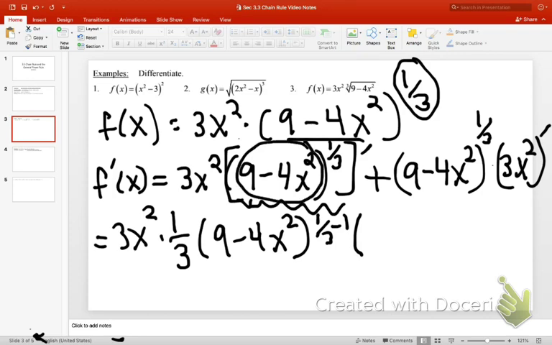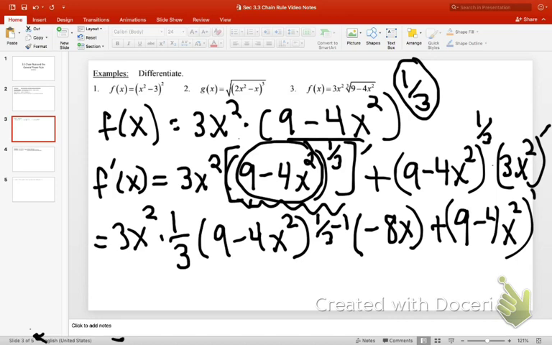The derivative of 9 is 0, minus the derivative of 4x squared, which is 8x. So that's like a negative 8x. Plus the second times the derivative of the first. The derivative of 3x squared is 6x.